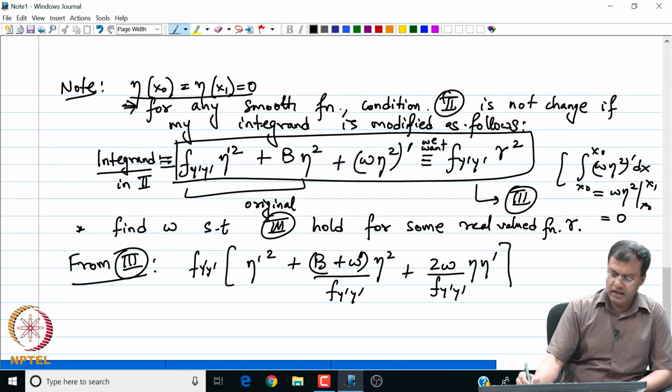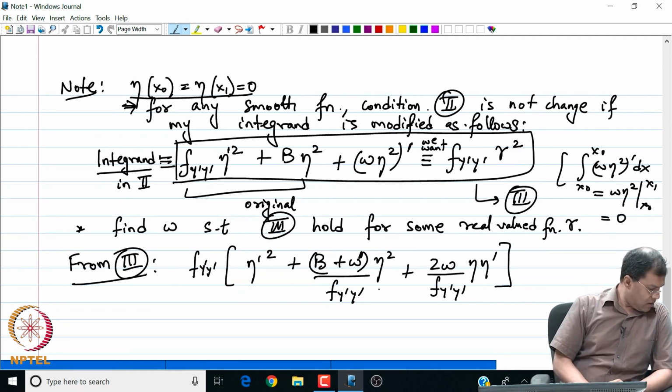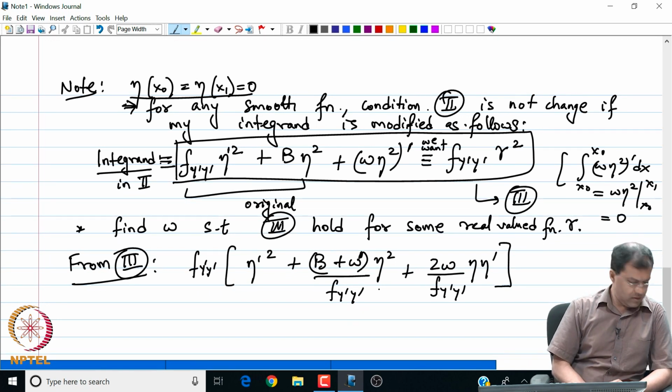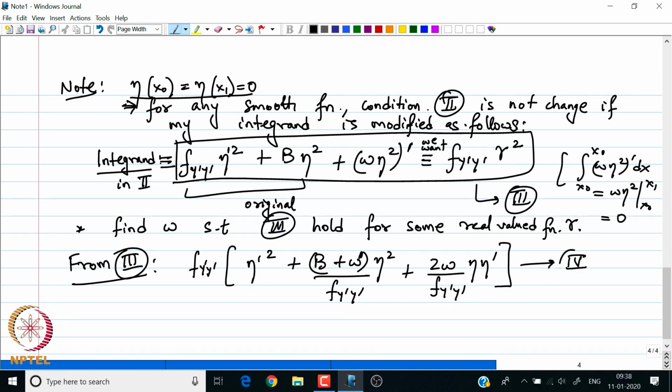So, this is set equal to, so note that this is our expression 3, right. So, expression 3 is as follows. Let me call this as expression 4. Now, all we need to do is reduce the quantity inside the bracket into a perfect square of some function. That is possible if the following holds.